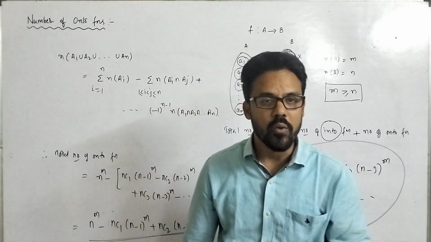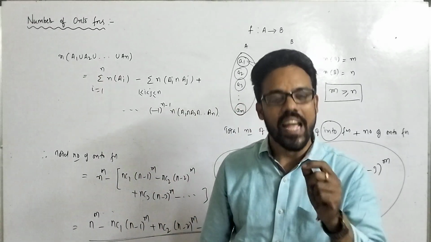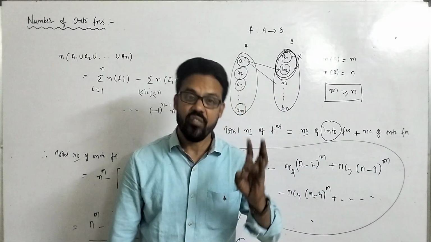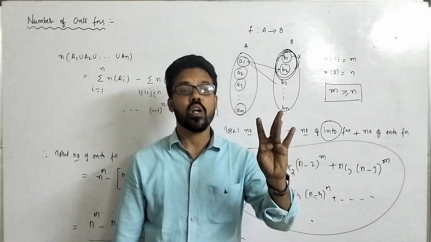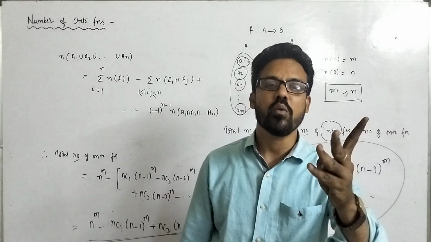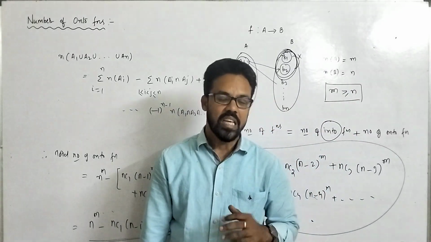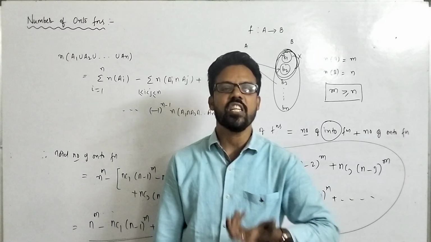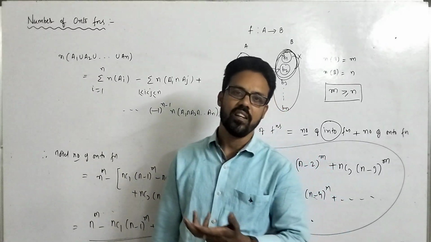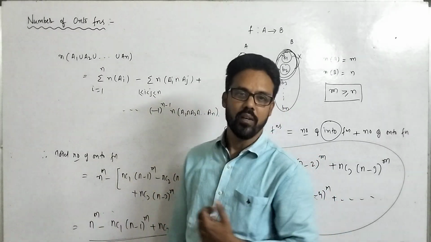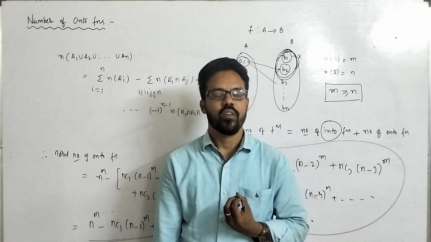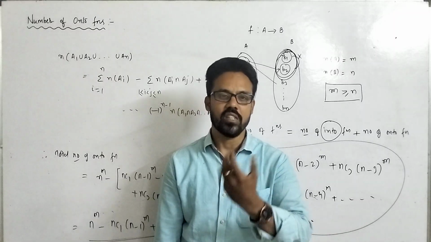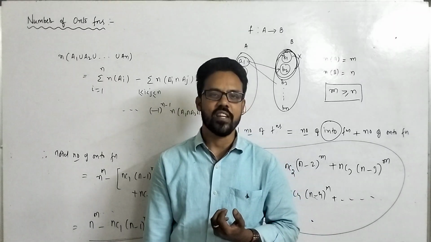Today in this video we have derived the number of functions, the number of into functions, and the number of onto functions. If you see the previous JEE papers, especially Mains papers, we will see questions from this topic in any one of the 1 or 2 or 3 sessions. I hope you understand. Thank you.